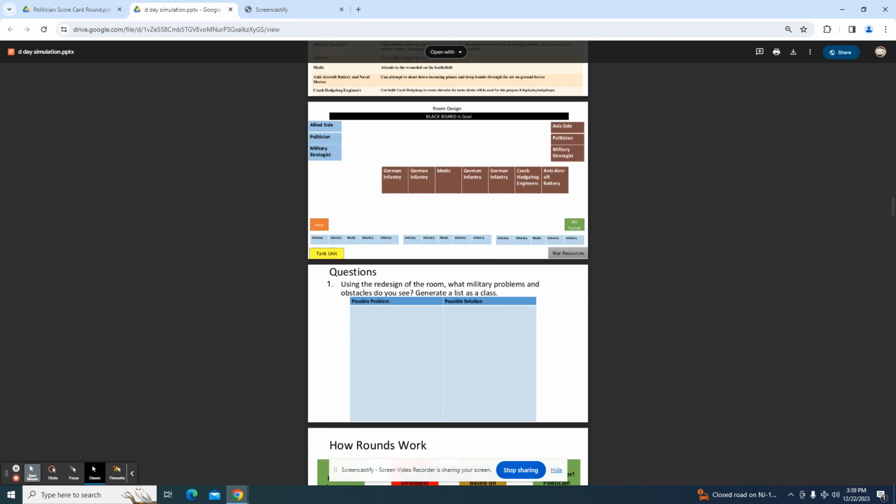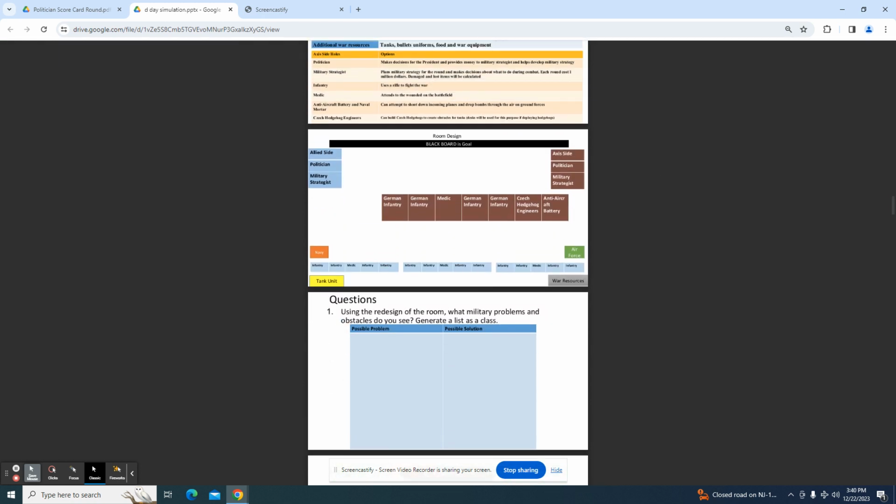The room needs to be reconfigured utilizing this particular configuration. Allied side is here, the Axis side is in brown, and this is going to vary depending on class size.